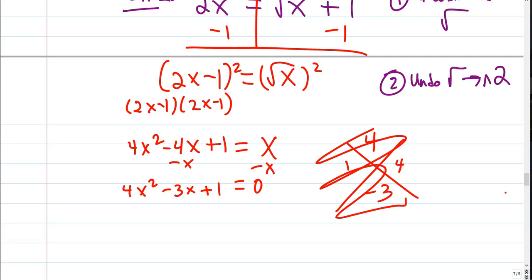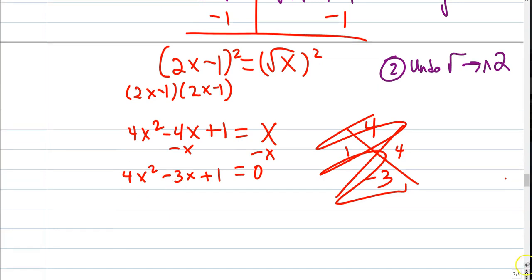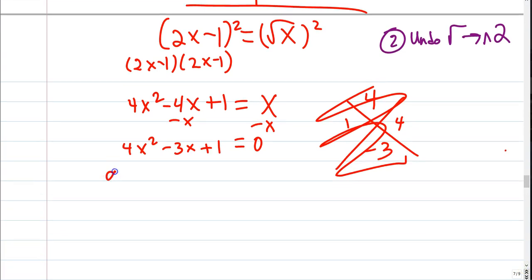Okay. Would I use completing the square on this one? Is the A a 1? Is the B even? Then I wouldn't complete the square on this. I would go to my last resort, which is the quadratic formula.